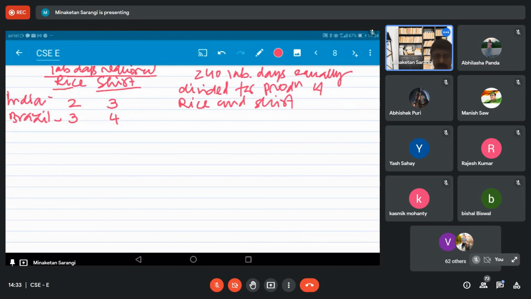Assume. So here, India is producing rice and sat at a lower input cost. To produce 1 kg of rice, India requires 2 labor days, but Brazil requires 3 labor days. So India enjoys absolute advantage in the production of rice. Similarly, for production of sat, India requires 3 labor days, Brazil requires 4 labor days.